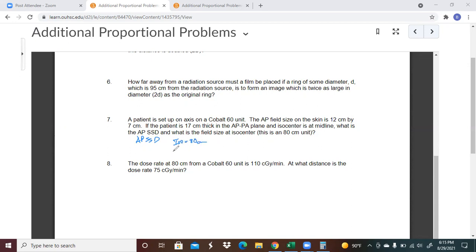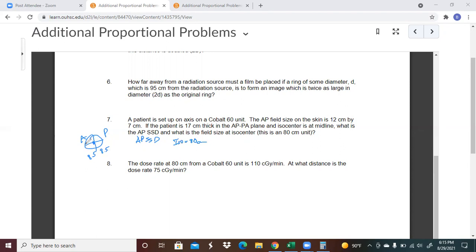Now, we know that we've got our patient here, and I'm going to say this is the anterior and this is the posterior. Now, our patient, cut him down the middle, which is not recommended, but if you do that, then this distance right here, which is 17, means that when you cut it in half, you've got a segment from isocenter to the outside, which is 8.5, and then you've got one running from the isocenter to the posterior, which is 8.5 cm.